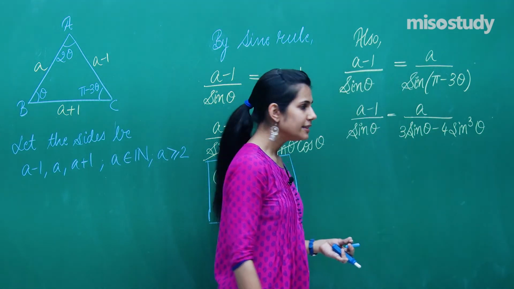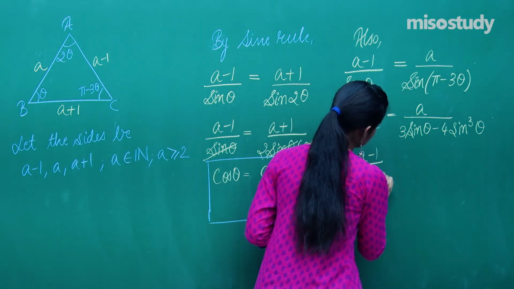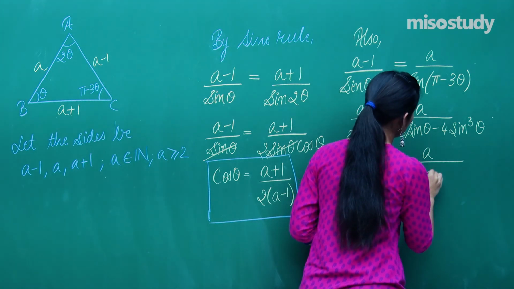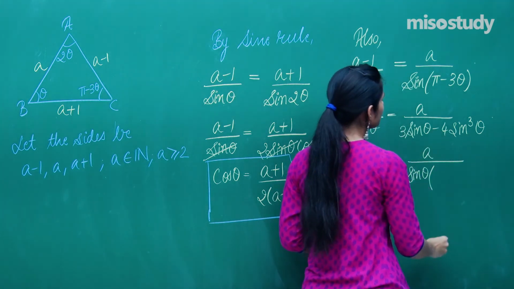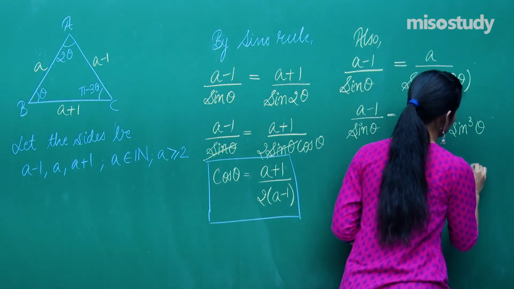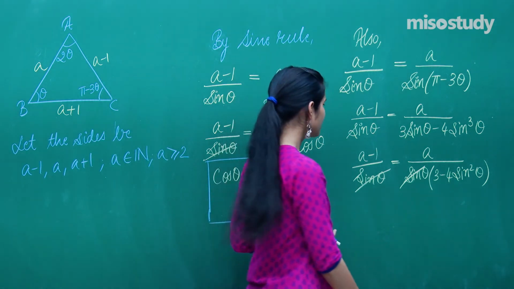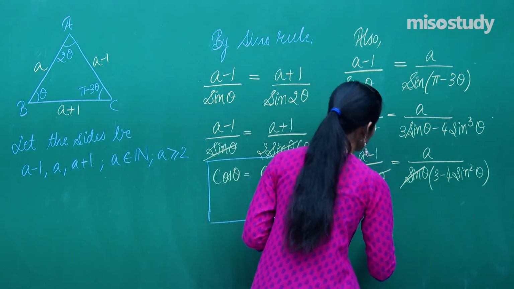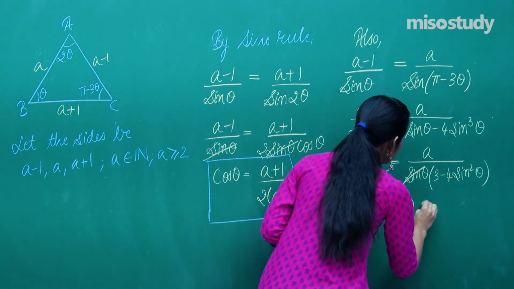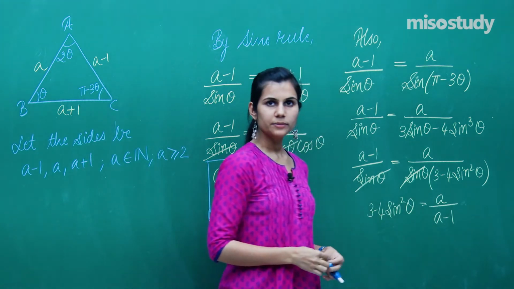Again you can take out sine theta common. A minus 1 upon sine theta equals a upon sine theta, you take out common, 3 minus 4 sine squared theta. Again these two can get cancelled for the same reason, and therefore you get 3 minus 4 sine squared theta equals a upon a minus 1.